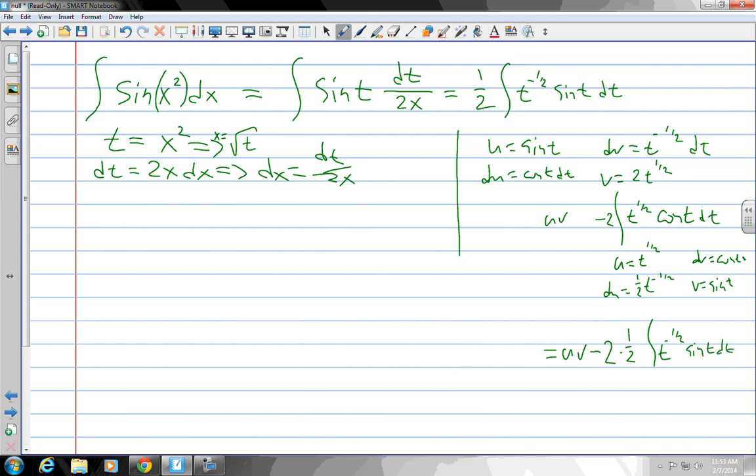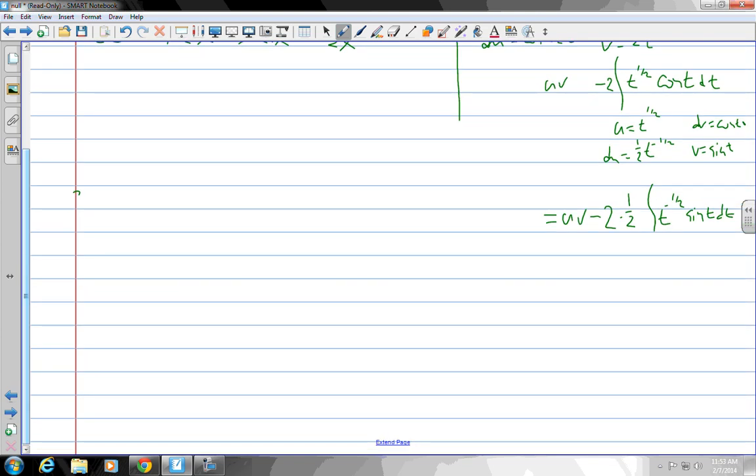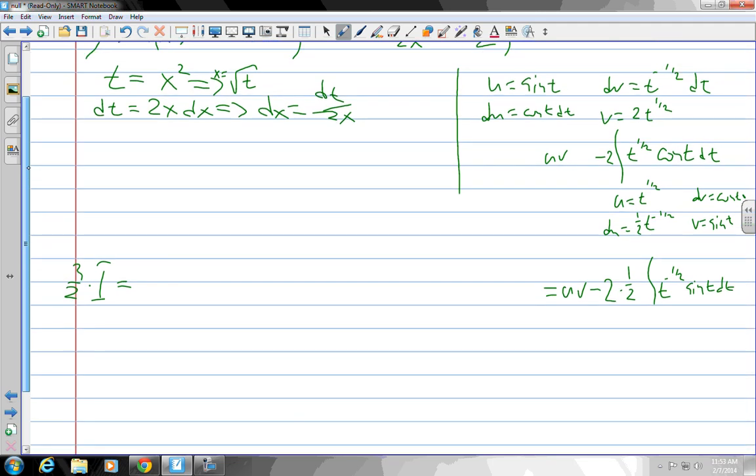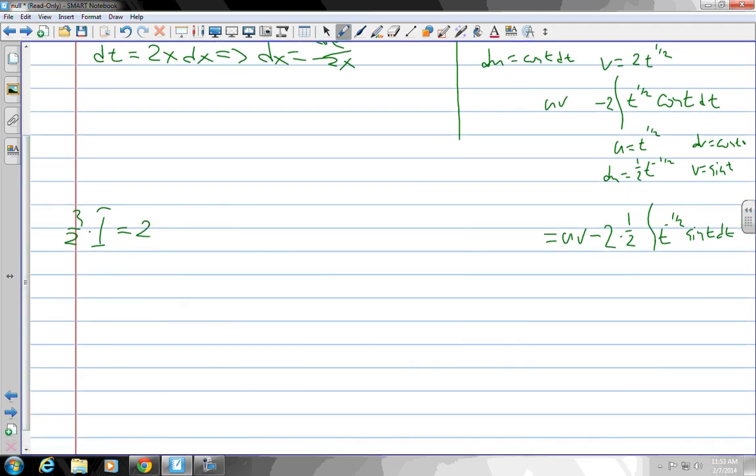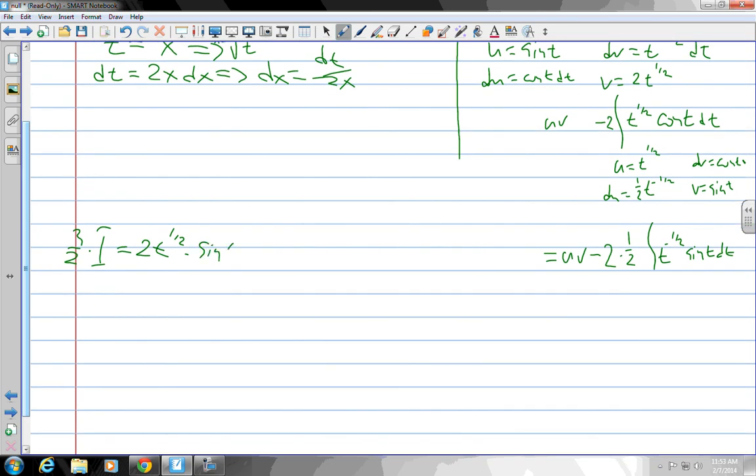So we get a coefficient of negative 1. So you add it, you get 3/2, right? Let's see. So we're getting 3/2 times our integral equals, what was v in there? 2t to the 1/2 times sine t. Is that right? So the integral is 4/3 t to the 1/2 sine of t.